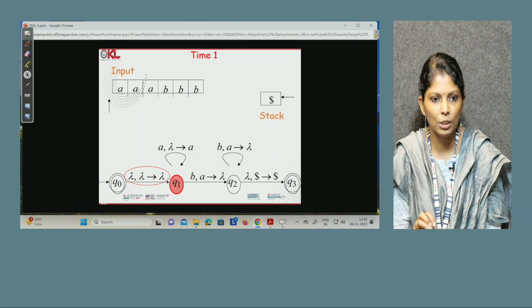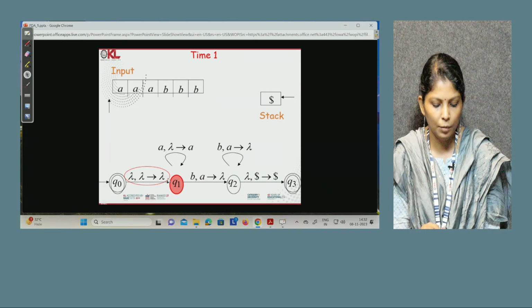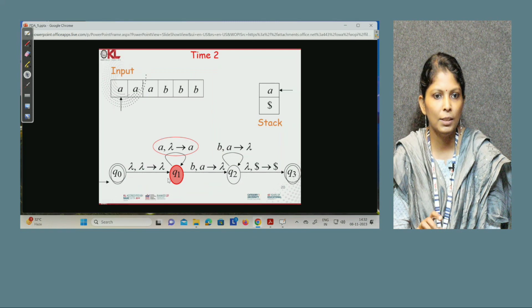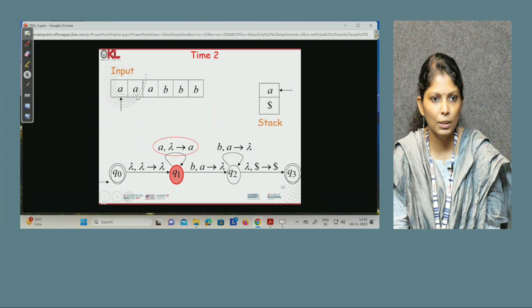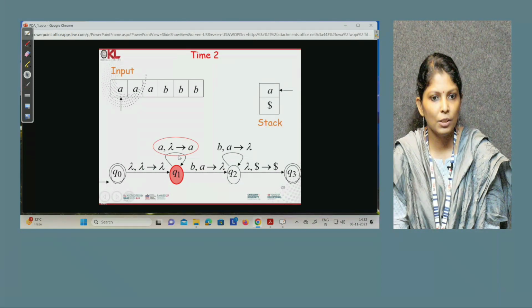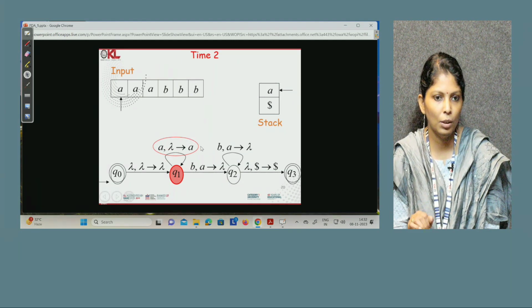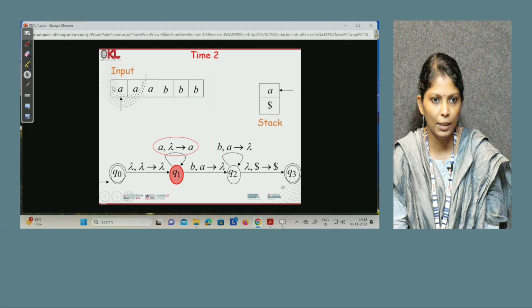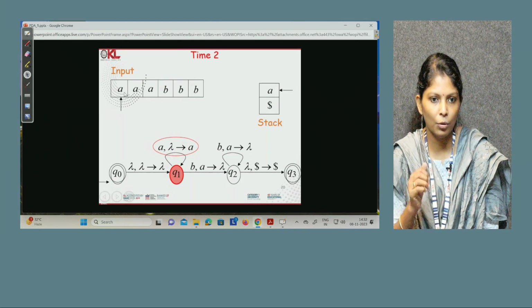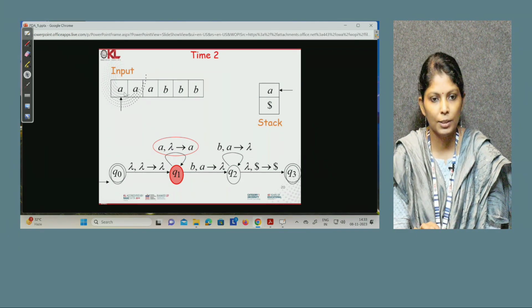Now the machine is in Q1 and the input we are going to process here is A. So the first input is A. What this transition says is, if the input is A, then we are not popping out anything from the stack, we are simply pushing that A to the stack. So the stack is filled with one A. Whatever A we read, we are going to push into the stack.